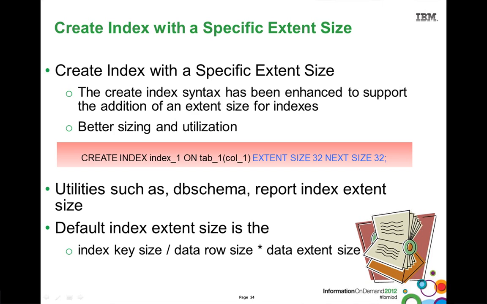So if your initial extent is 100 meg and your index key size is 10 bytes and your row size is 100 bytes, you're going to take 10% of your initial data extent as your index extent. Now you can go ahead and create the extent of whatever size you want for that index. So that has been a big, big win, and something our customers have requested. So hopefully this helps you out in moving forward.